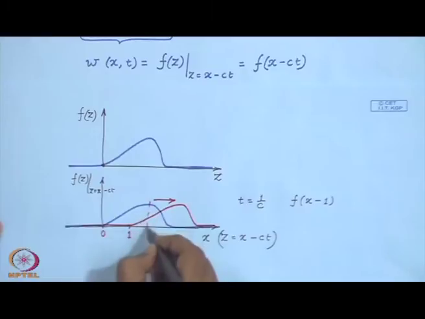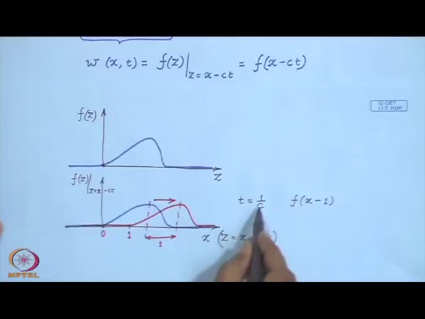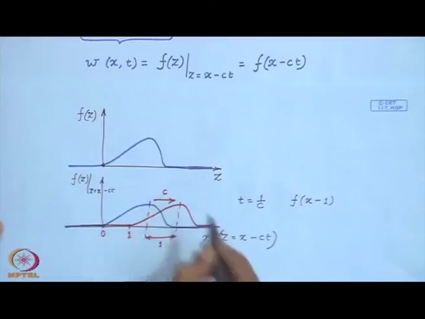So, if you track the peak, it will be the same as this. So this is 1 unit. It has travelled a distance of 1 unit in time 1 over c. So the speed of propagation is 1 over 1 over c, which is c. The speed of propagation of this pulse is c.